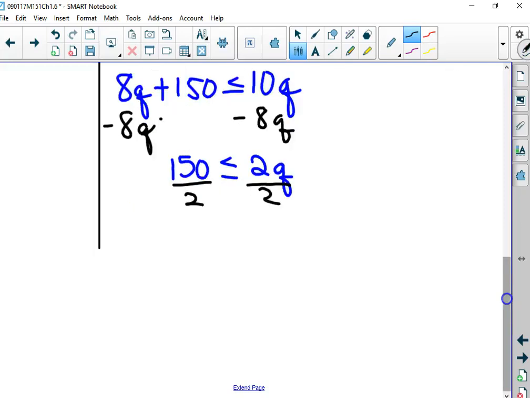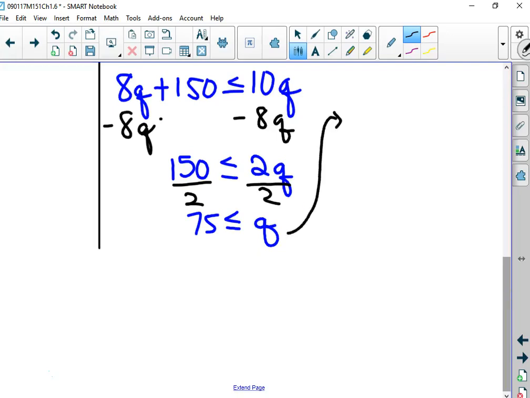All right, it looks like the final mathematical answer is Q has to be greater than or equal to 75. Okay. And I'm not sure what this is going to look like on the quiz, but they'll probably just have you fill in the blanks.